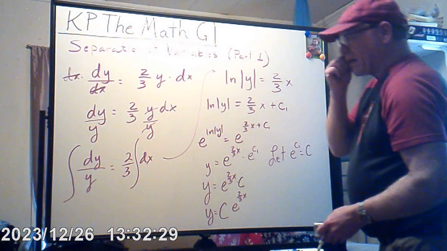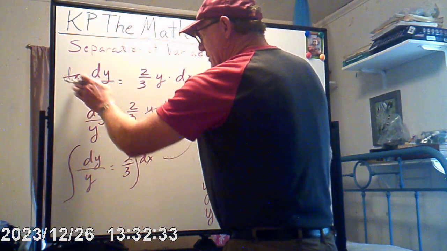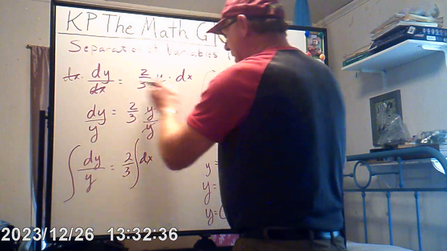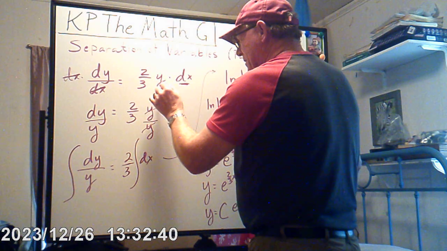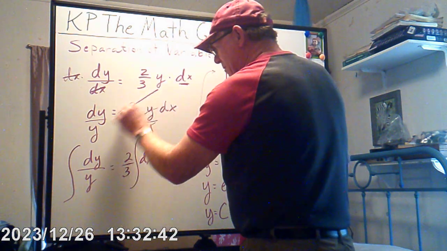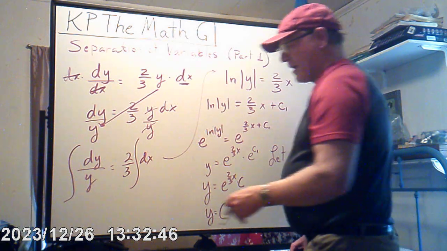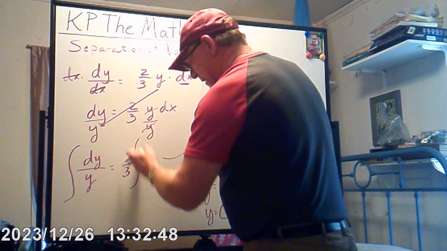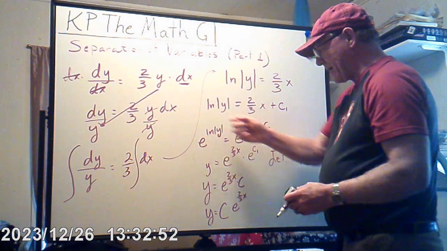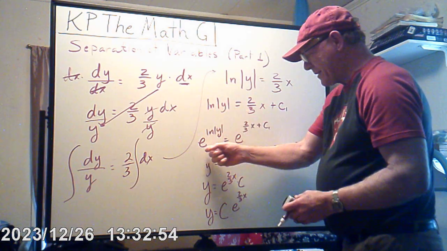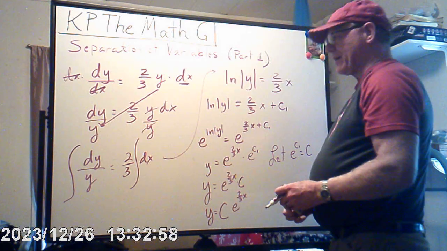Really all we did is we just had to get rid of that dx, and after we got dx on this side, we moved our y over here, didn't we? Then we integrated both sides, and then we cleaned up a little bit. ln y is ln y, which is just y, and so you get all this.